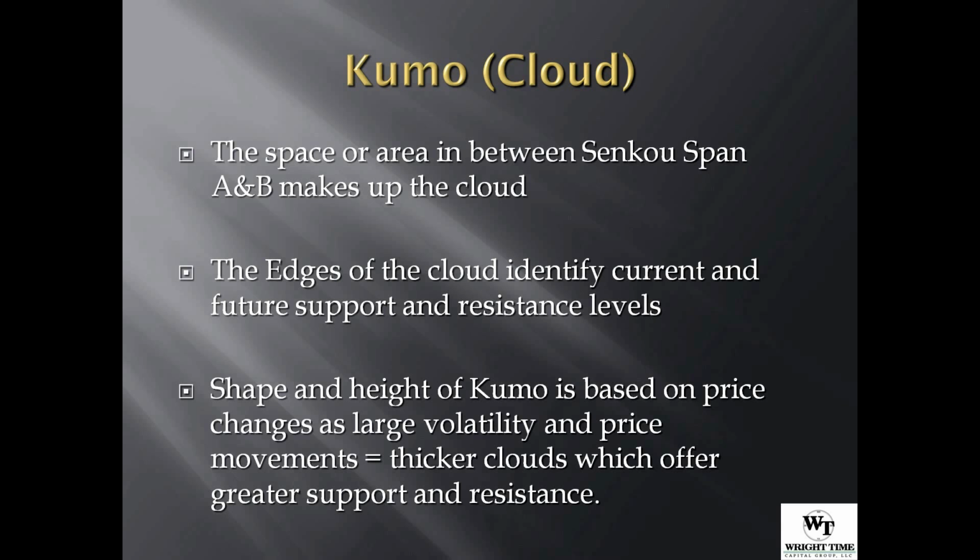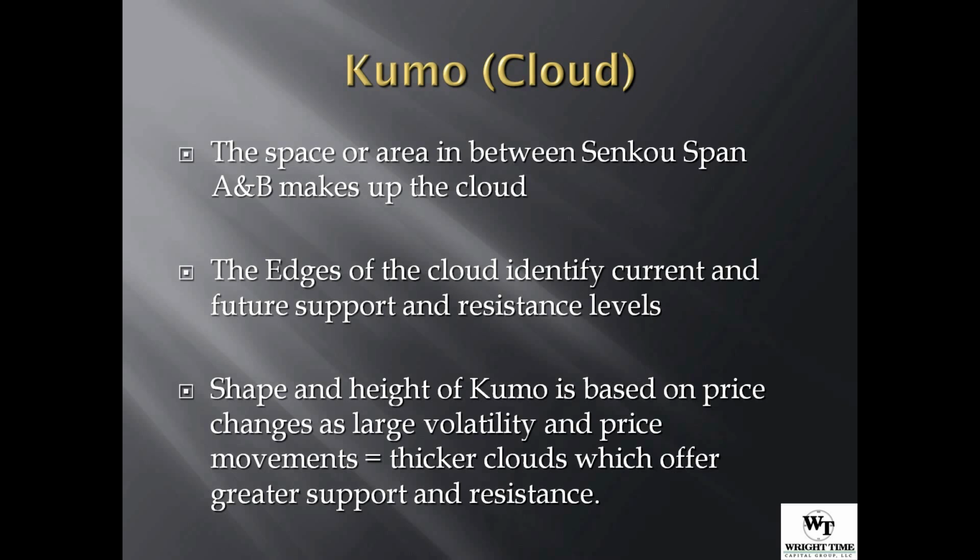If you've ever looked at the Ichimoku and the composition of the cloud, you see a lot of funky shapes, and you might not understand why the clouds are shaped like that. We're going to get to a chart soon, but we can just know that the larger the volatility from past prices, the thicker the cloud.